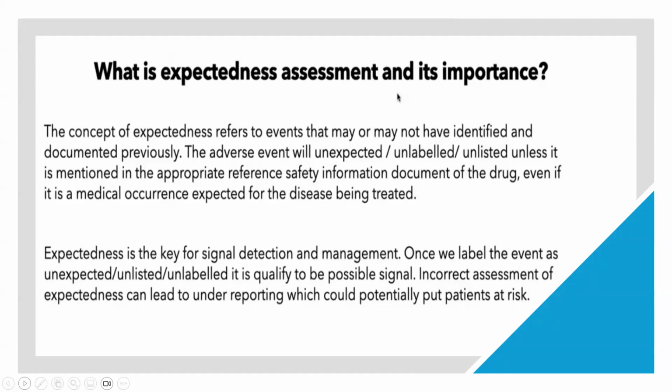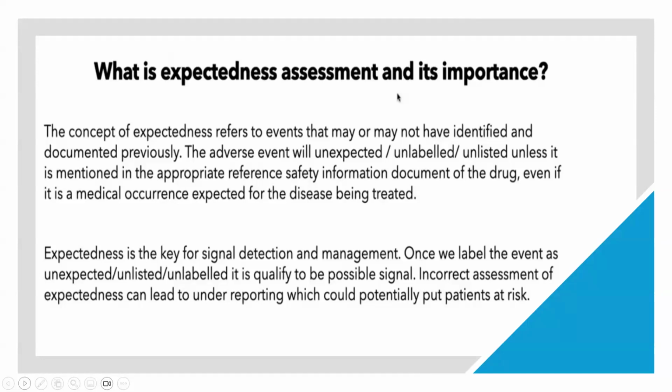These are the synonyms used based on the different reference standards, like unexpectedness, unlisted and unlabeled, which I will explain in the next slides. So unless it is mentioned in the appropriate reference safety information document of the drug, even if it is a medical occurrence expected for the disease being treated.